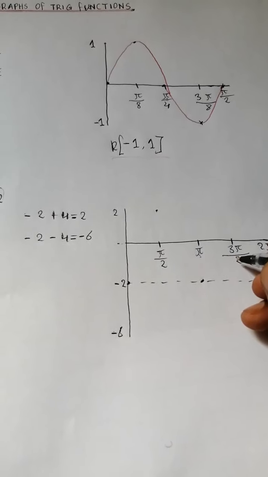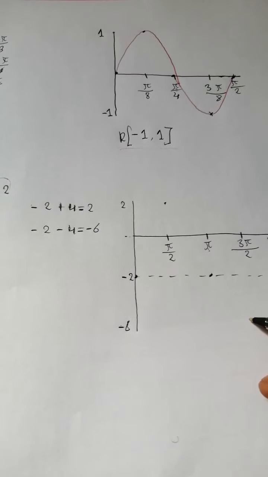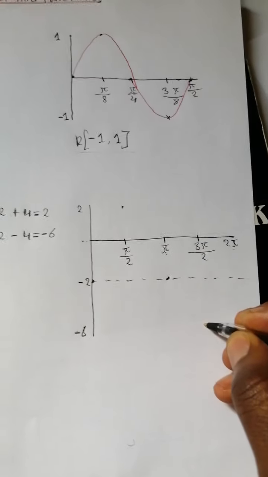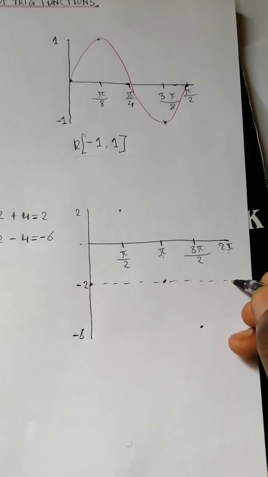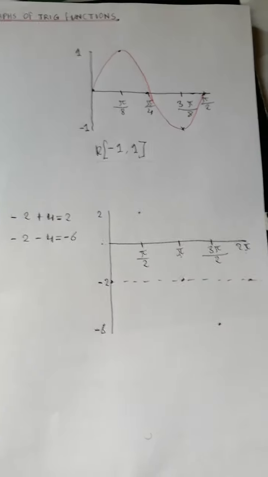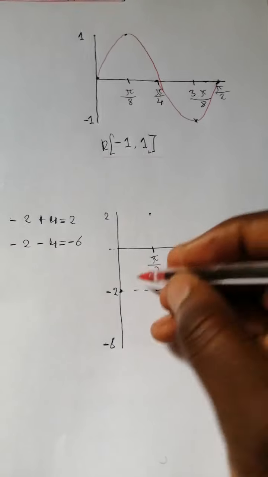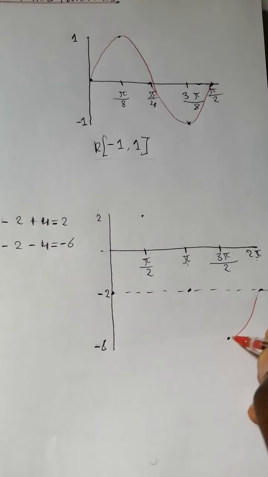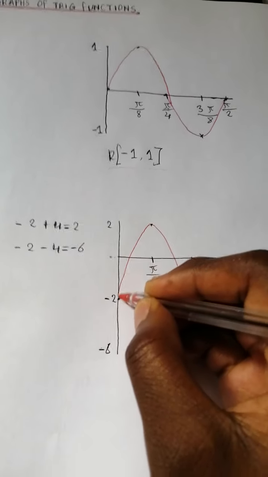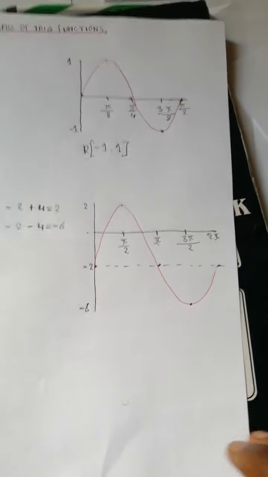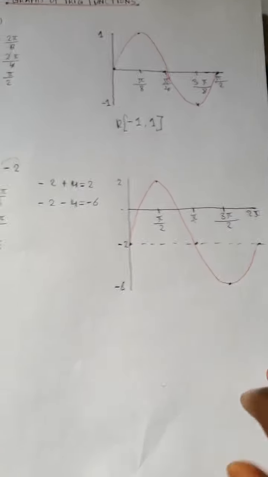Then it will go all the way down to negative 6, and then come back to the center, like that. So the graph is going to be like this. At least I've tried this time. So that's how we can plot this graph.